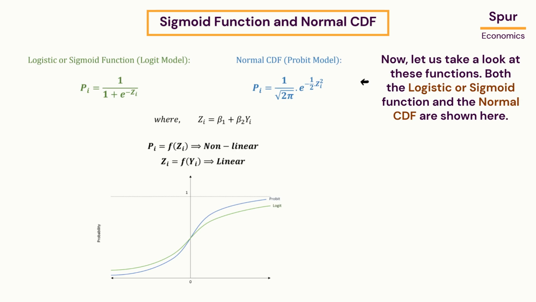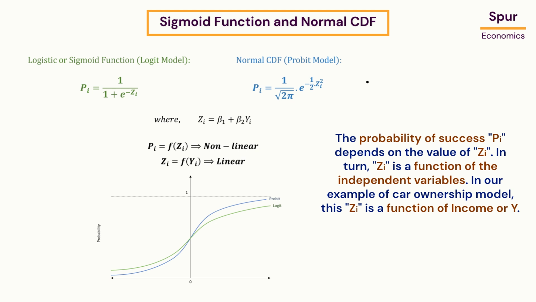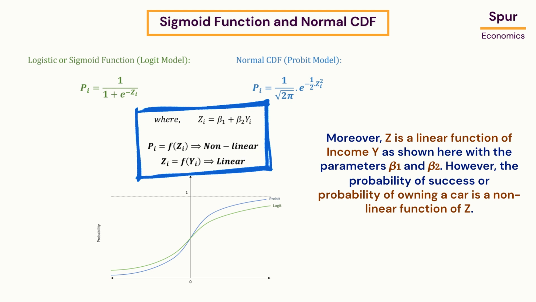Now, let us take a look at these functions. Both the logistic or sigmoid function and the normal CDF are shown here. The probability of success, Pi, depends on the value of Zi. In turn, Zi is a function of the independent variables. In our example of car ownership model, this Zi is a function of income or y. Moreover, Z is a linear function of income y as shown here with the parameters beta1 and beta2.